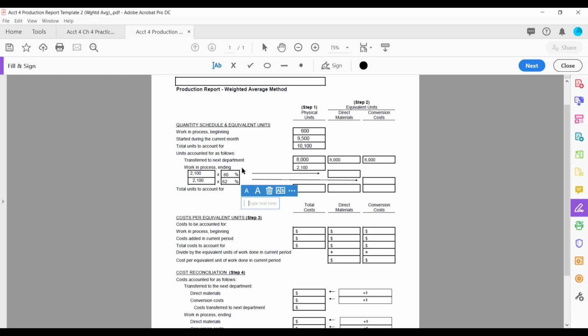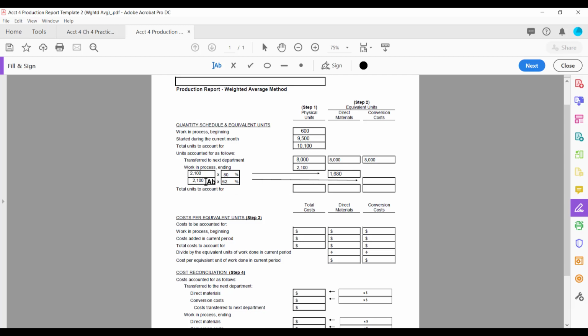So 2,100 times 80%, that means the ending work in process equivalent units with respect to direct materials comes out to 1,680. In other words, the materials cost I spent so far on those 2,100 units to get them 80% complete, I could have spent that same amount of money in terms of direct materials to get 1,680 units complete with respect to their direct materials cost.